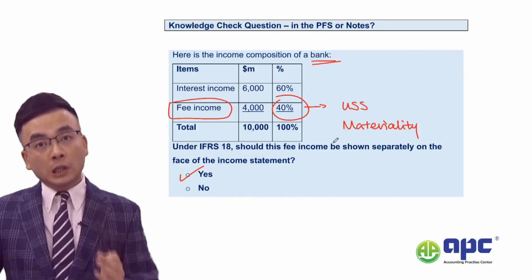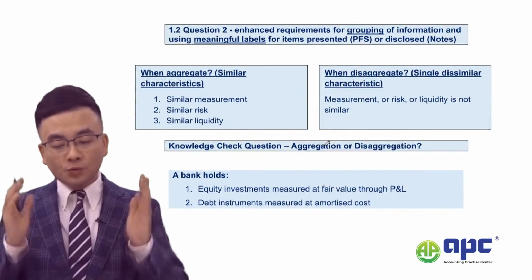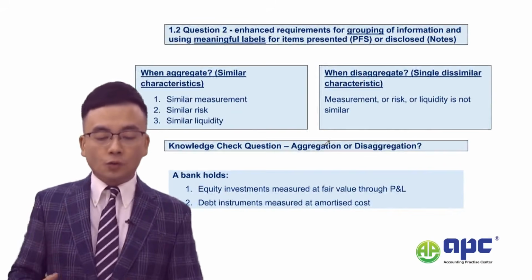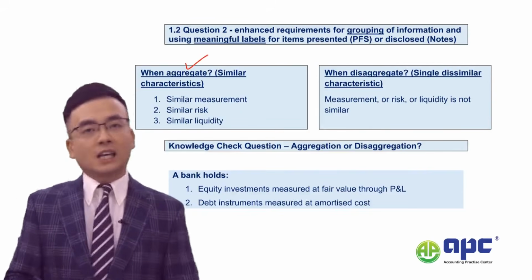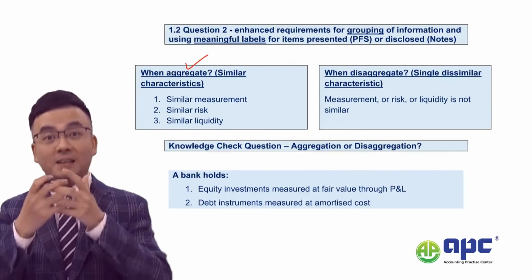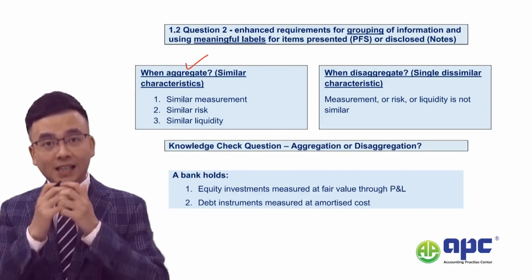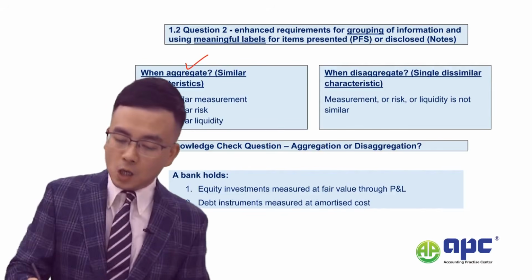Now, after you look at this particular question, the next one in chapter 1 is to decide whether or not we will aggregate the information, which means to combine them into the same category, though we don't use these technical words in IFRS 18.